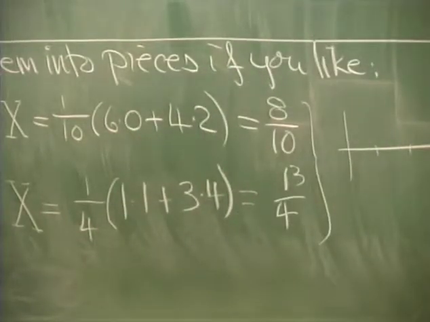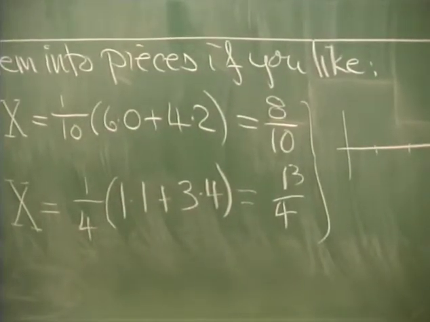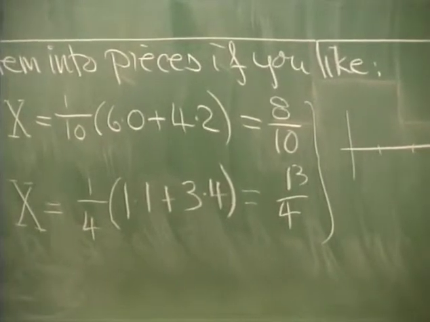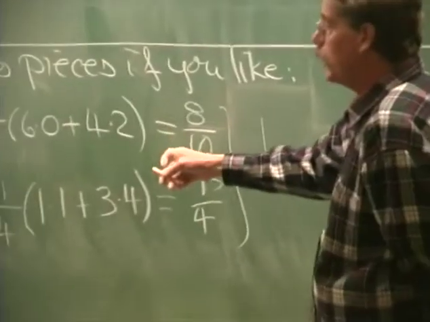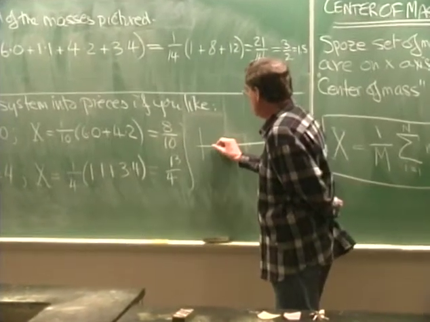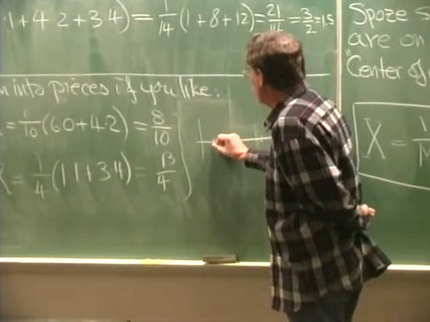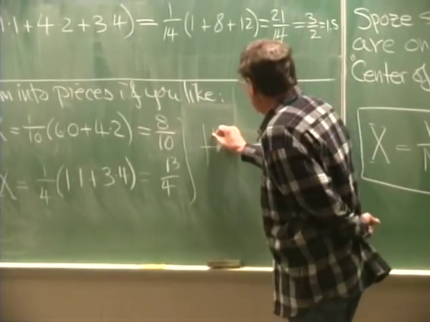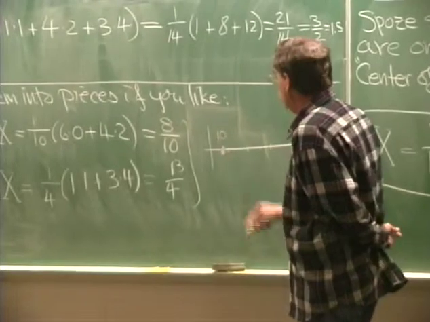And what I've just argued is that the system of all four is exactly the same, as far as calculating center of mass is concerned, as putting mass 10 at the point 8/10, which is 4/5, so it's about here. So I would put 10 at that location.